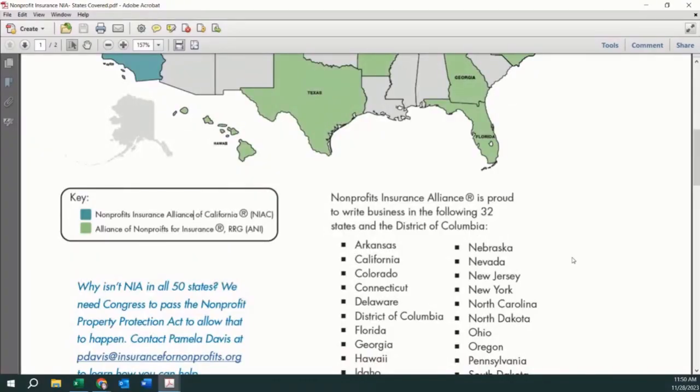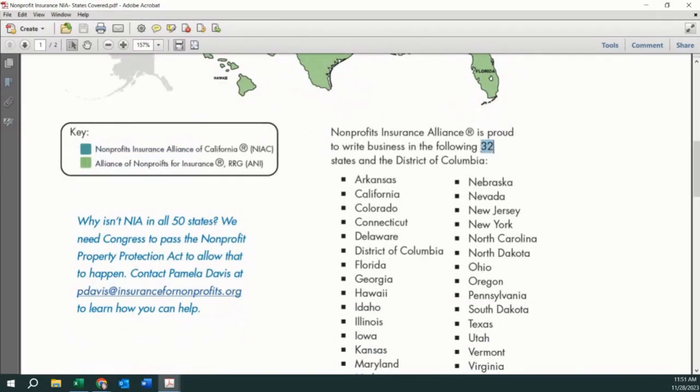Working with a broker, I definitely recommend, as long as that person is competent. Once you find a competent broker who you get along with, you want to ask them if the type of insurance that you need, if they have carriers who do those states. And so again, the Nonprofit Insurance Alliance operates in only 32 states and the District of Columbia.